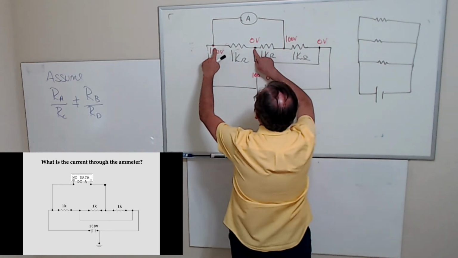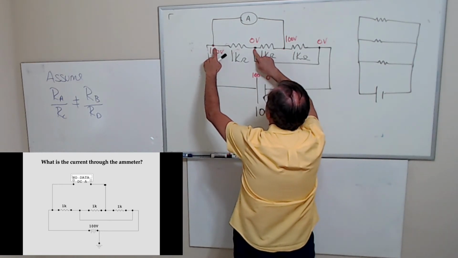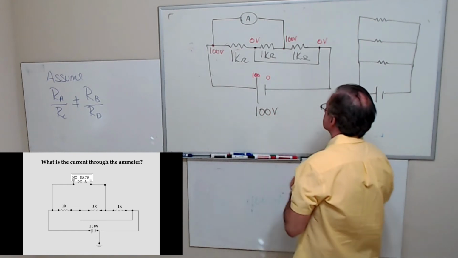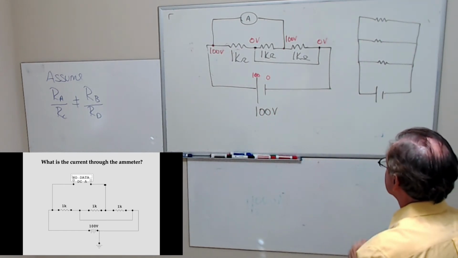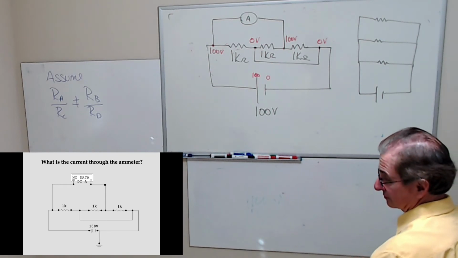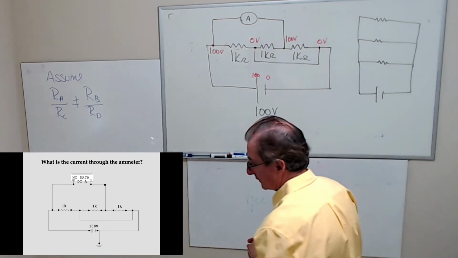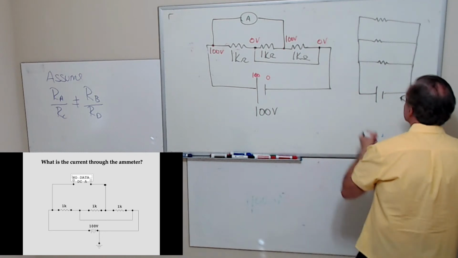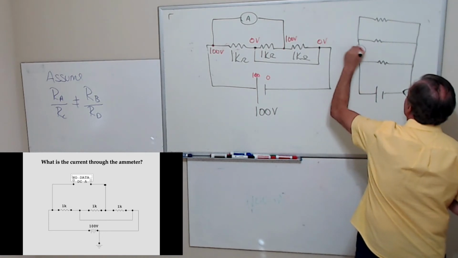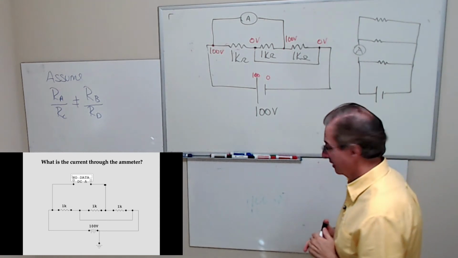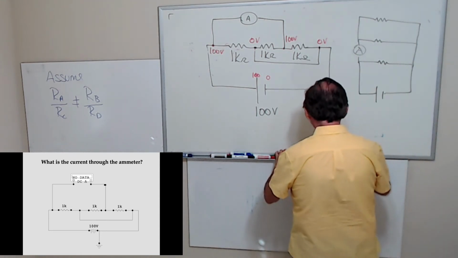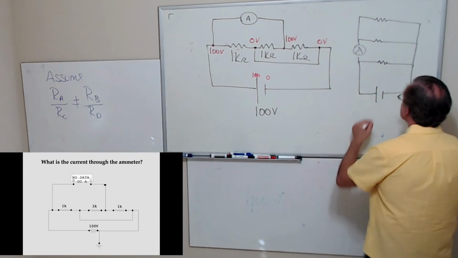There's a 100 volt drop here. Yeah, it's supposed to be for this. So there's the ammeter over here. So how much current's going through each one?